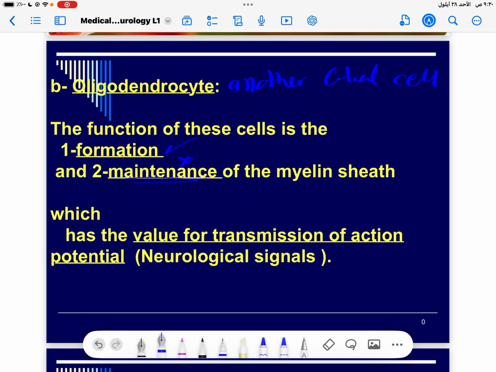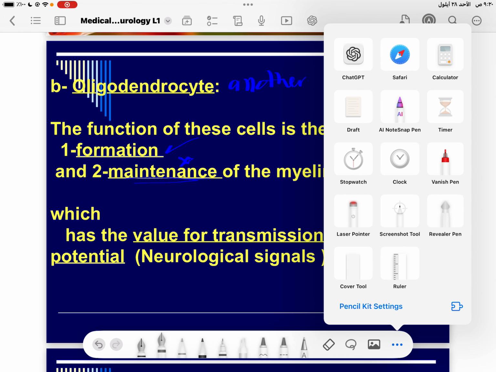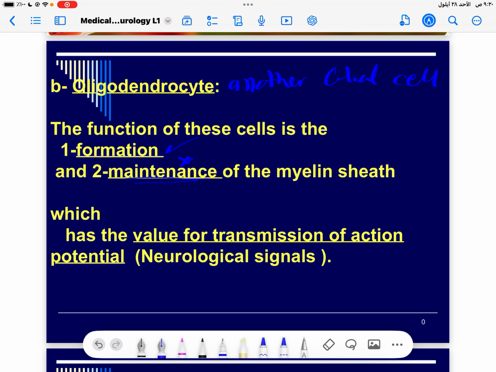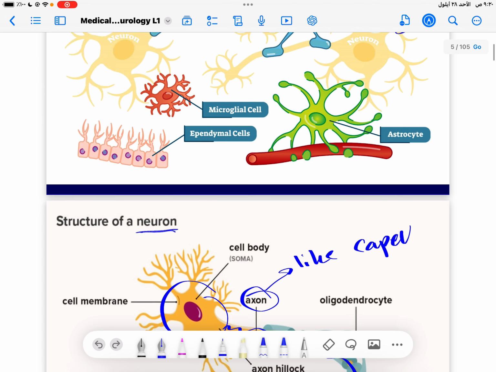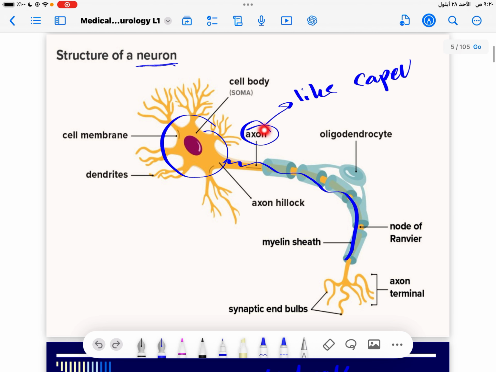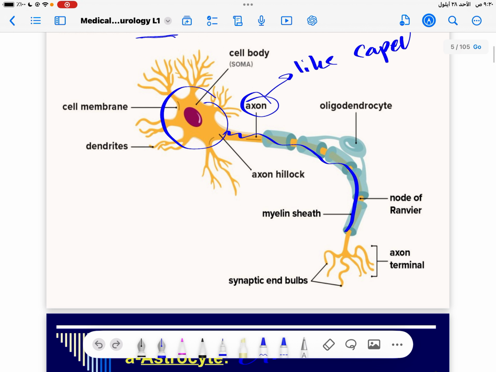And the myelin sheath is very important; it has value in the transmission of the action potential. The action potential, which passes in the axon, the myelin sheath will accelerate the transmission of the signals. So we have a group of disorders called demyelinating diseases, for example, multiple sclerosis.